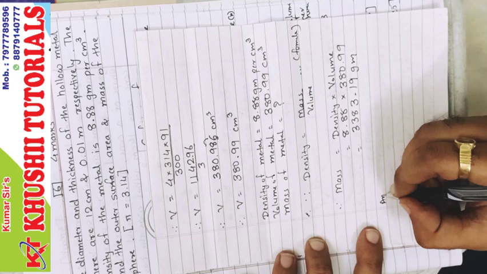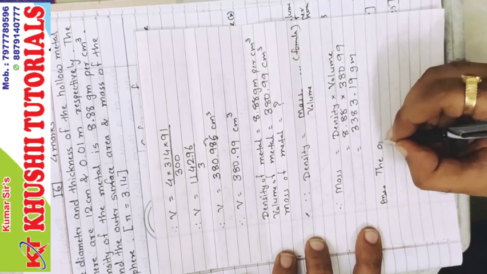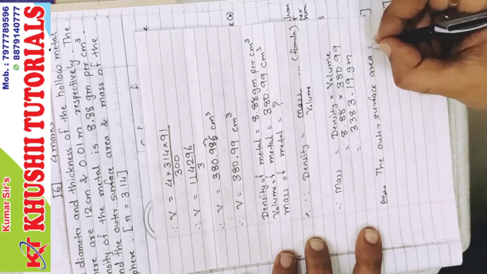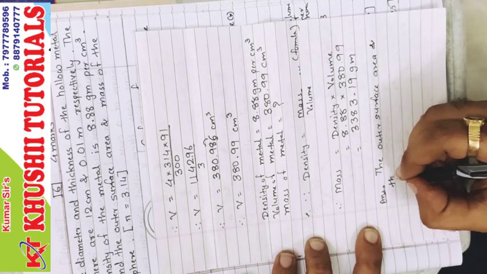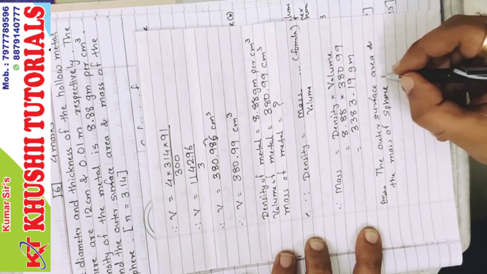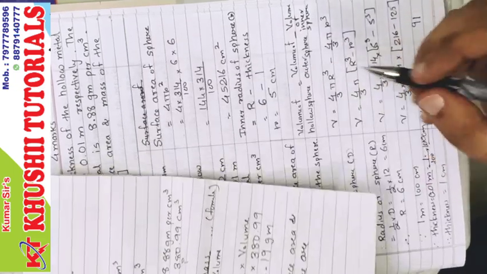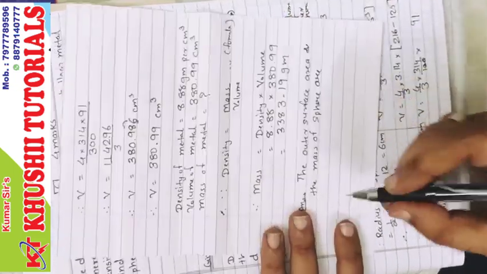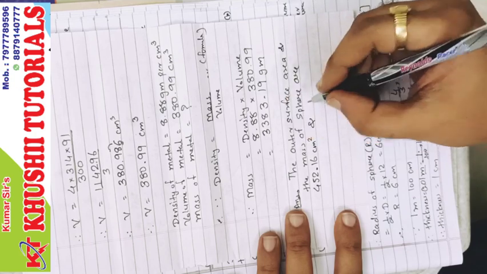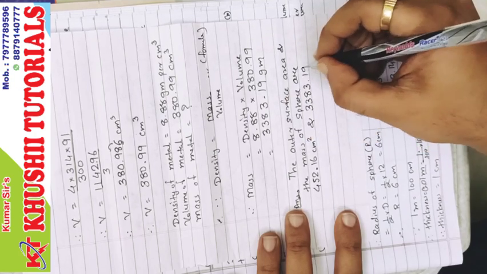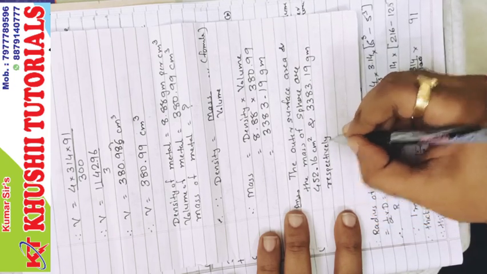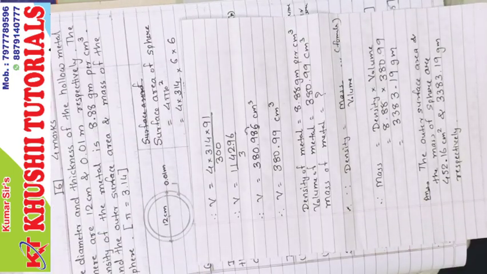Now the answer: the outer surface area and the mass of the sphere are 452.16 centimeter square and 3383.19 gram respectively. And this is the end of sum number 6.